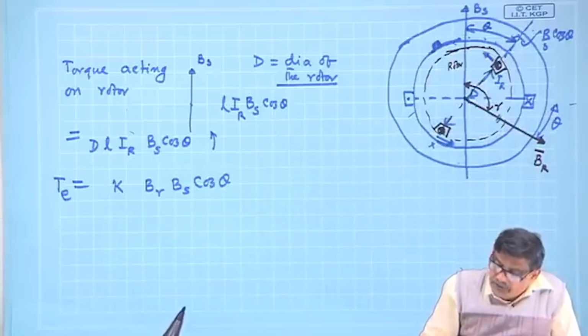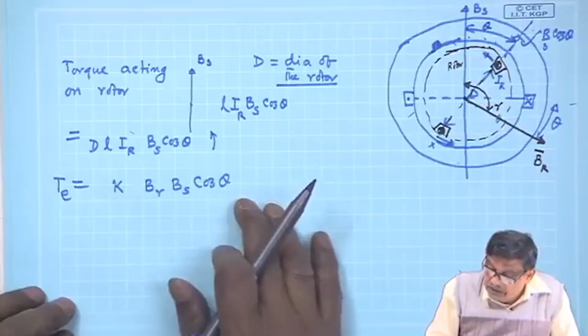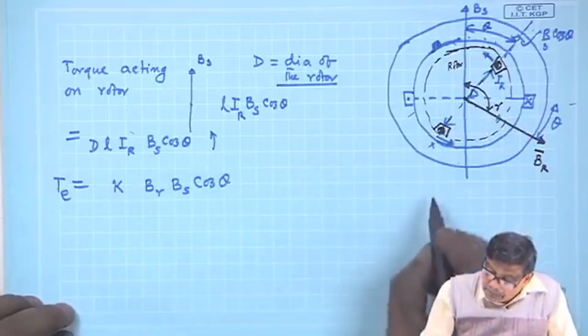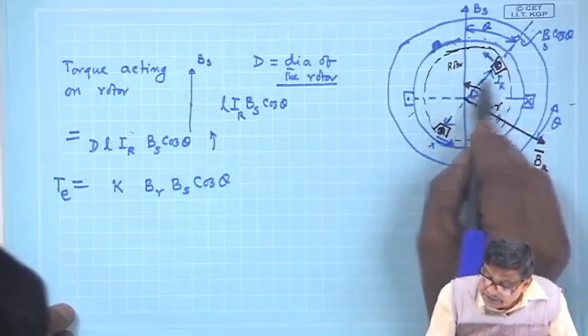My goal is to find this expression of the torque in terms of gamma. So, gamma is nothing but, as you can see, 90 plus theta.